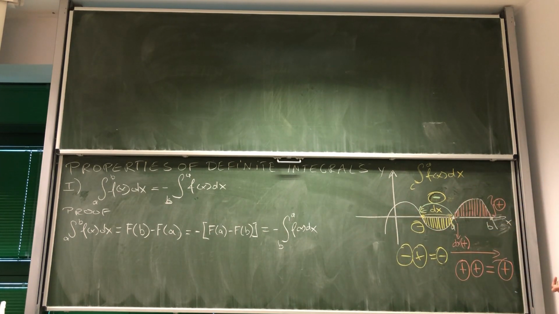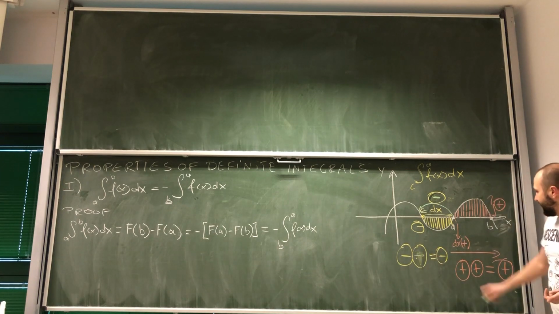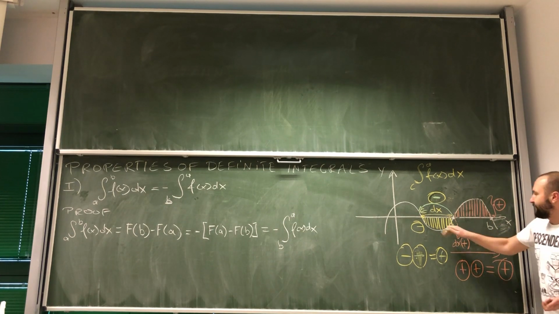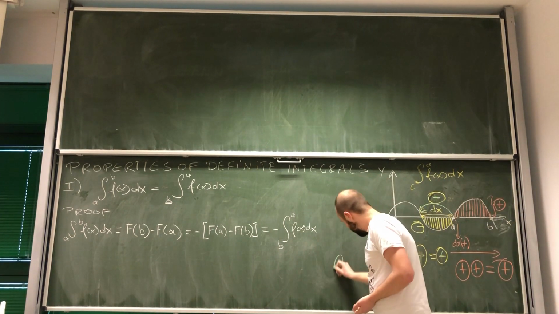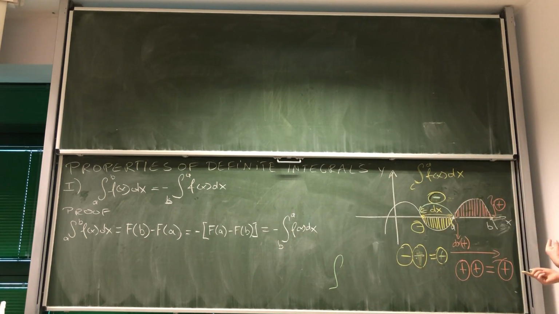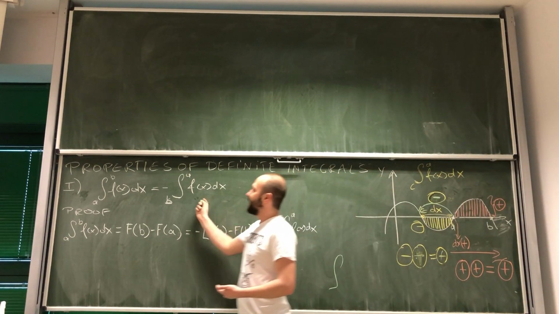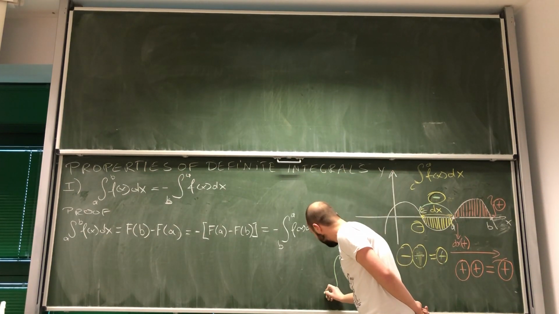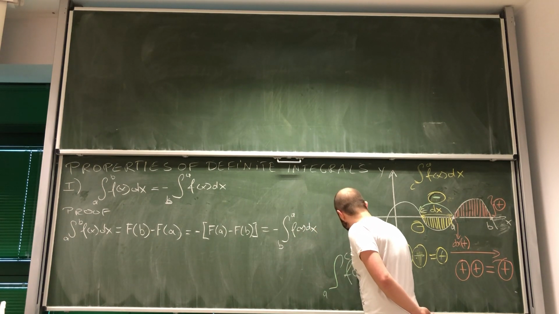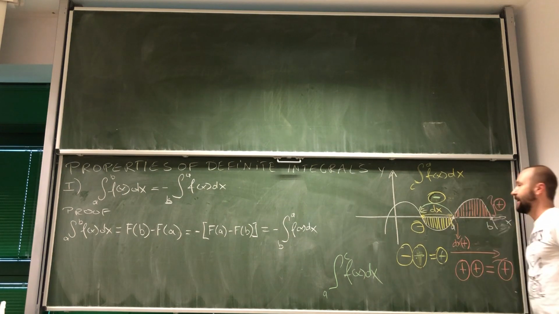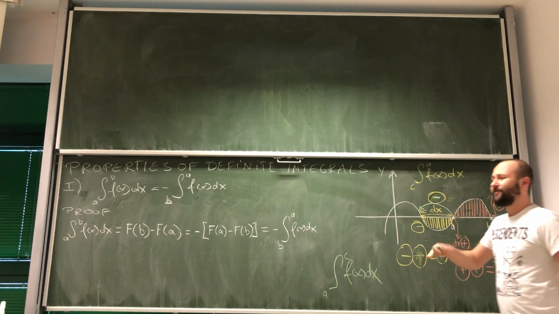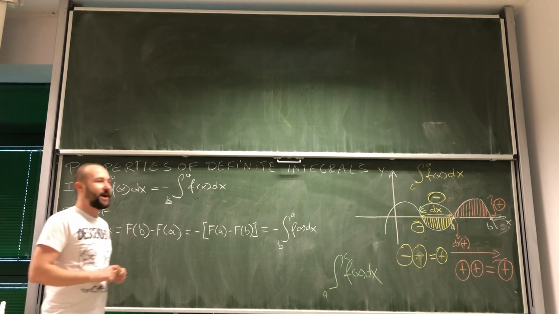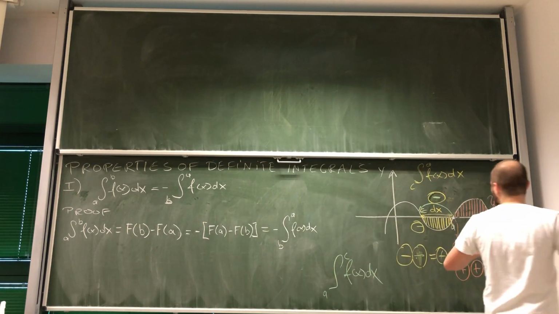So the dx's are becoming negative. And now, negative and negative gives us a positive number. So in order to get a positive outcome in a situation like this, a good thing would be to reverse the limits of integration, just like we did over here. In this case, I would recommend calculating the integral from A to C, like that.